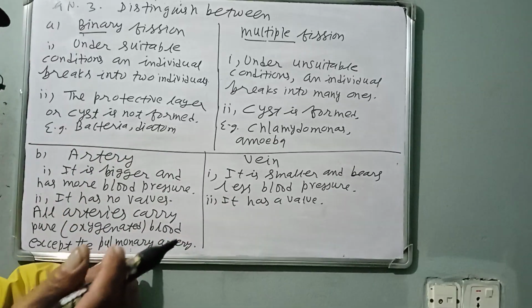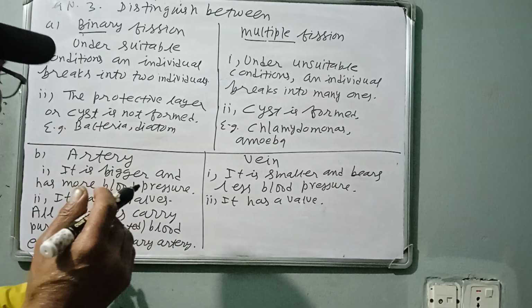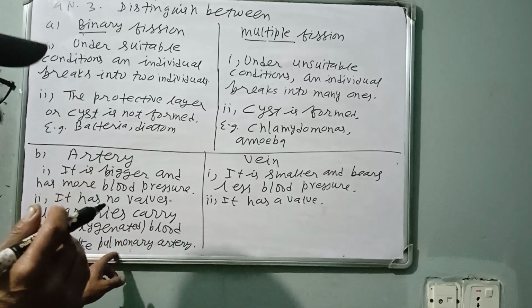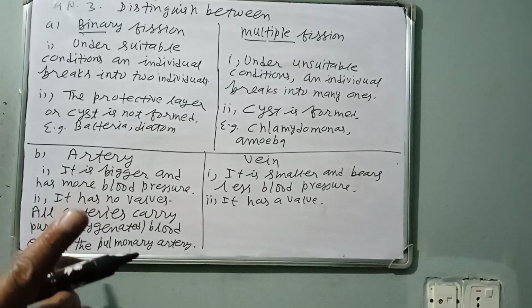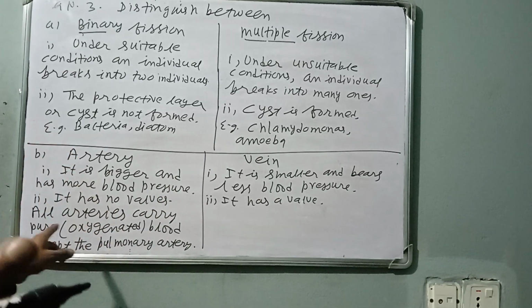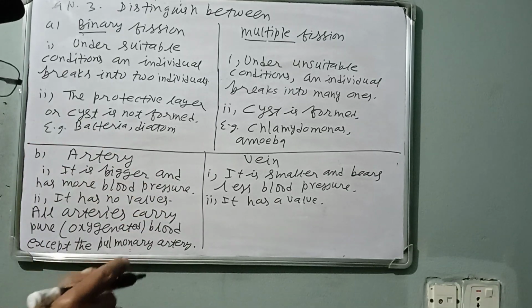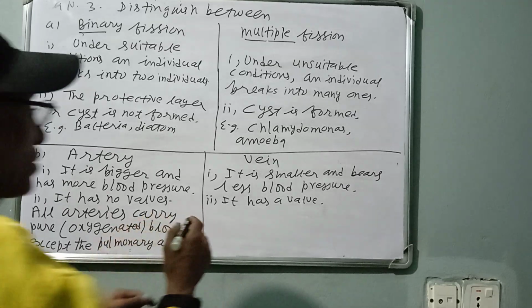That impure blood should be made pure in the lungs. So the pulmonary artery is the only artery which carries impure or deoxygenated blood from the ventricle to the lungs.